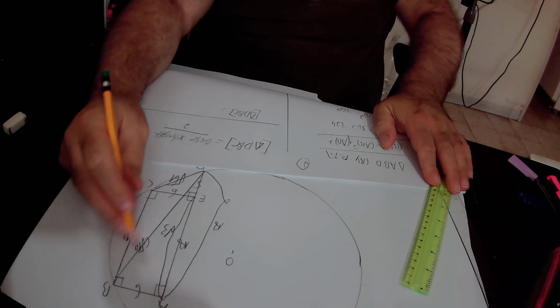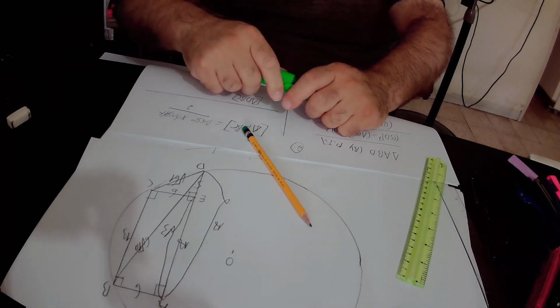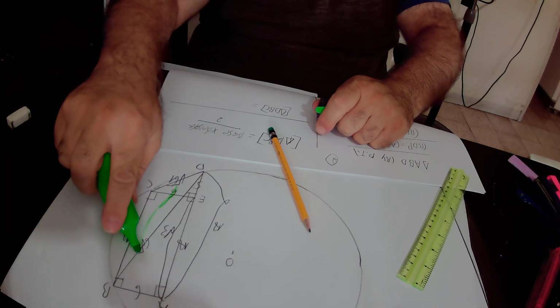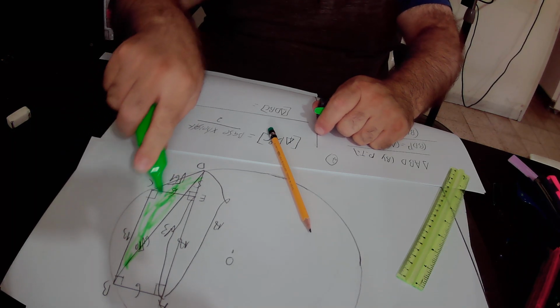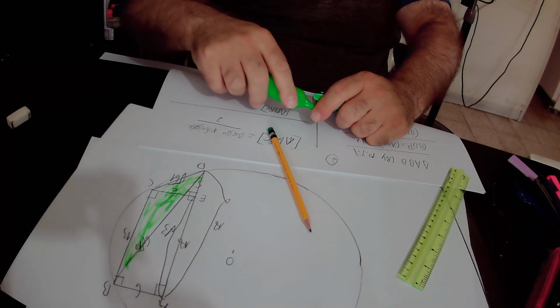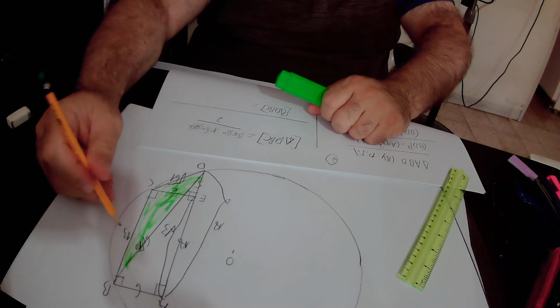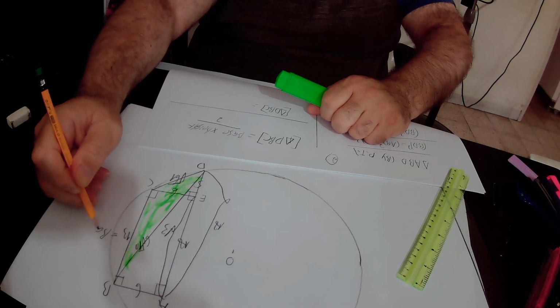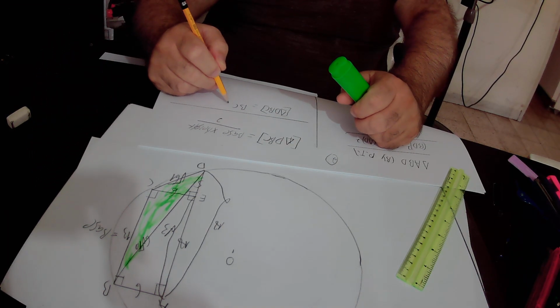The base of triangle DBC, the green triangle DBC, is BC. So write it down. BC is the base of the triangle times the height.